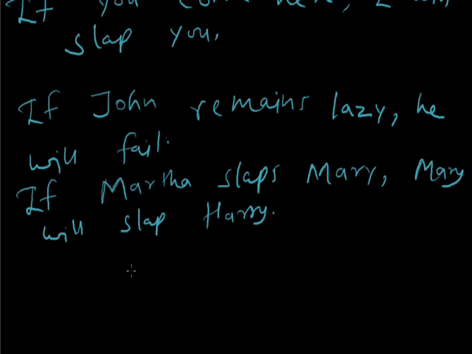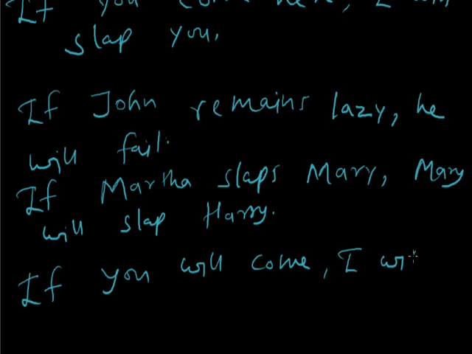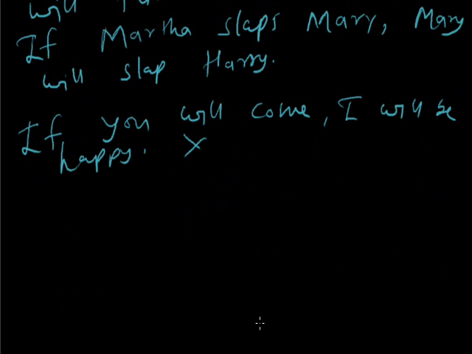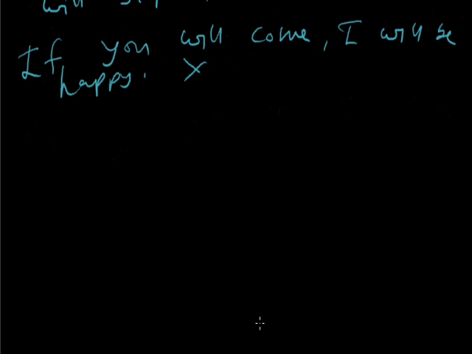And well, let me tell you what mistakes students usually make while making this kind of sentences. What they do is they say, if you will come, I will be happy. But this is the wrong sentence, because according to the rule we have to use only first form in the conditional clause, and here we have used will plus first form in the conditional clause.